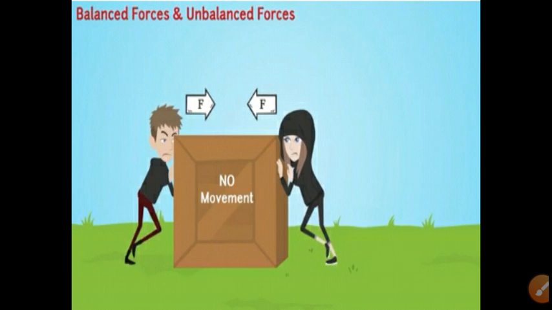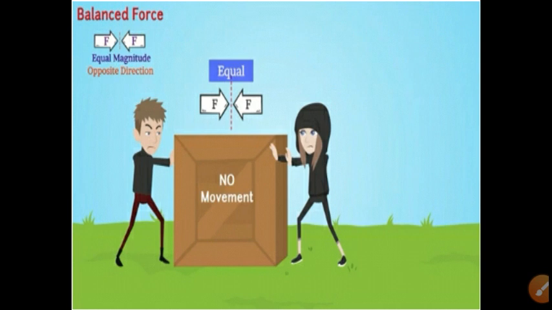Why does the box not move? Yes, it's because both are applying equal forces in opposite directions. Such forces are known as balanced forces. Balanced forces are forces having equal magnitude but opposite direction.